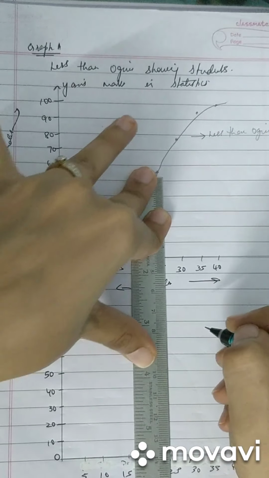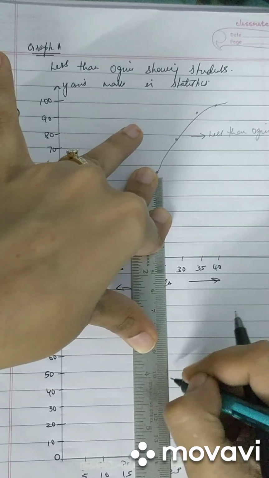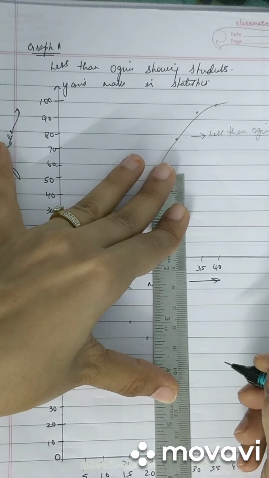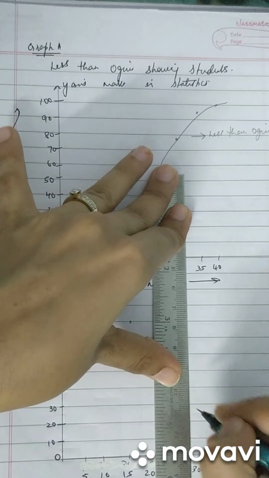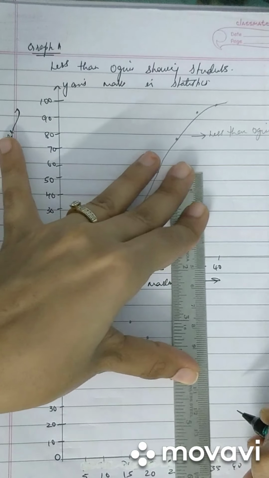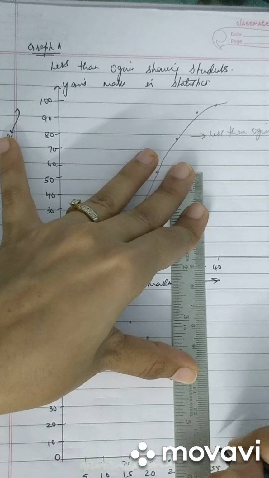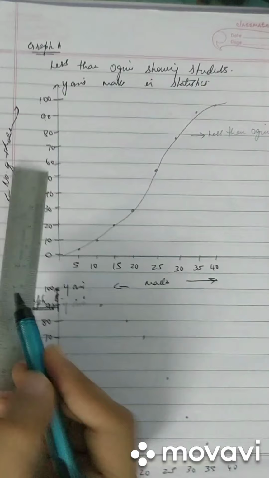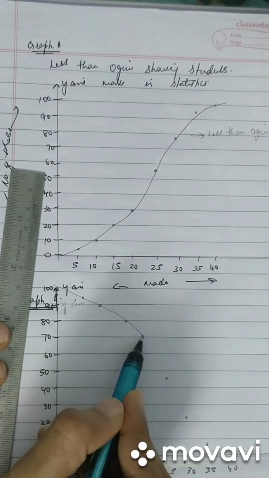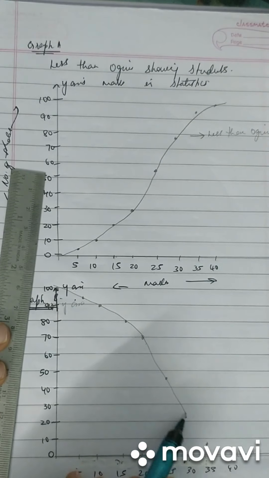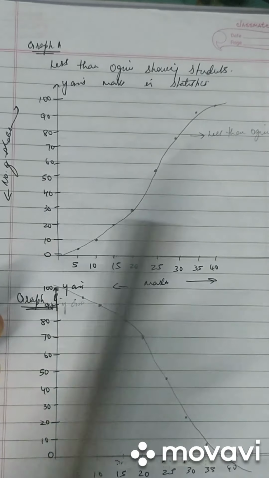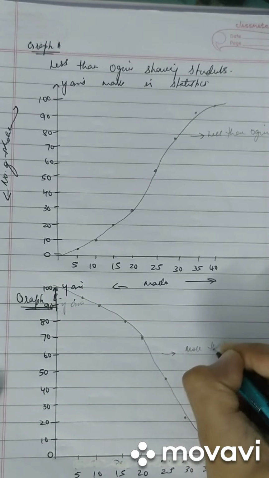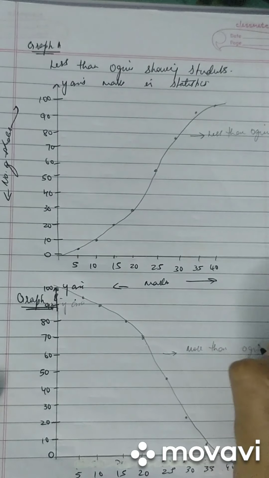For 25 it is 45. For 30 it is 23. For 35 it is 5. So how will we draw this curve with free hand? It will be this way. Clear? This is your more than ogive.